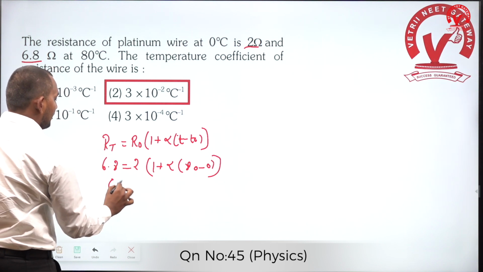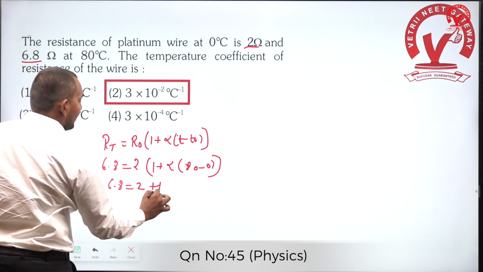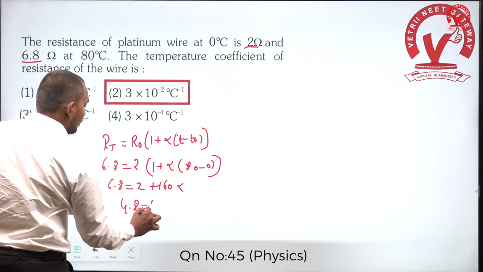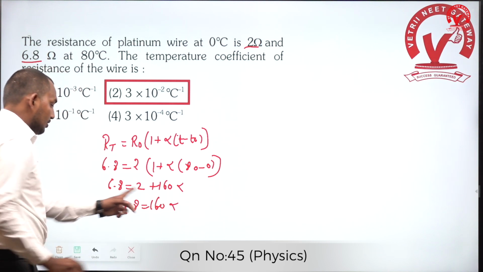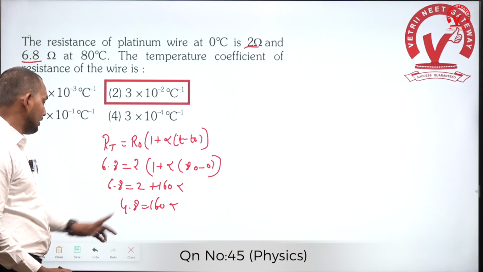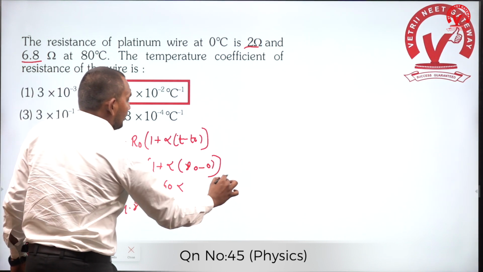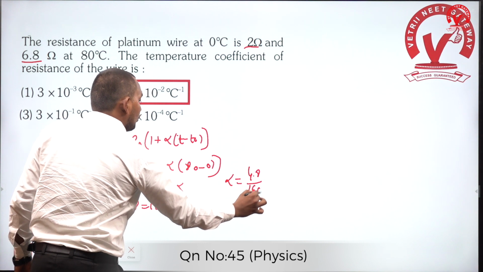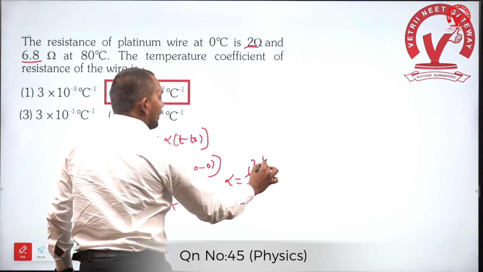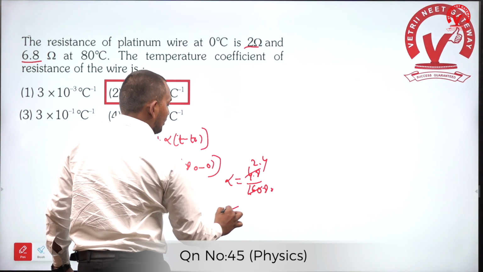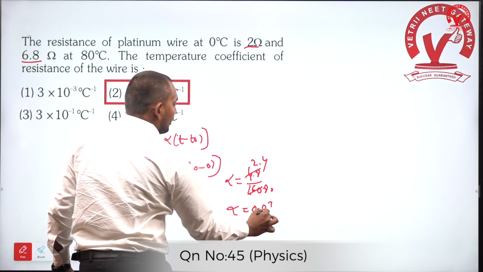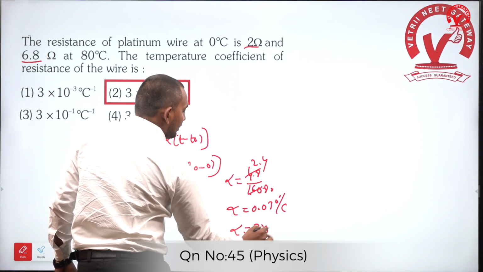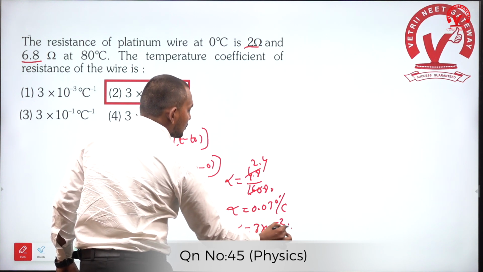So 6.8 is equal to 2 plus 160 alpha. 4.8 is equal to 160 alpha. Take this side, it is the minus, then it is 4.8. Therefore alpha is equal to 4.8 by 160, 2.4 by 80. So it is 0.03 per degree Celsius. We can write it as 3 into 10 power minus 2 per degree.